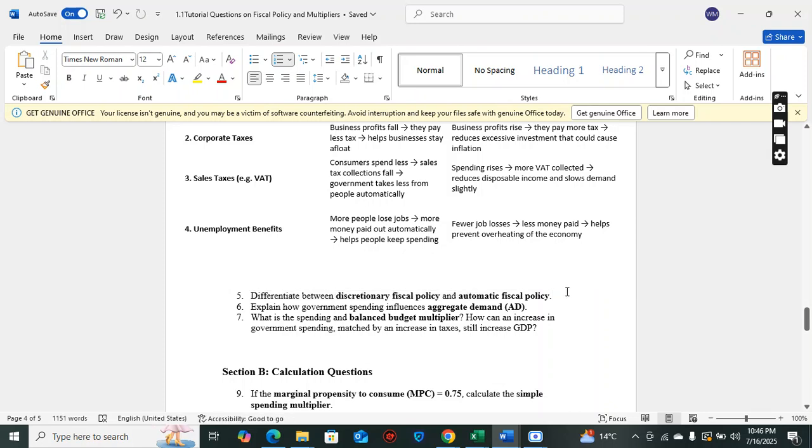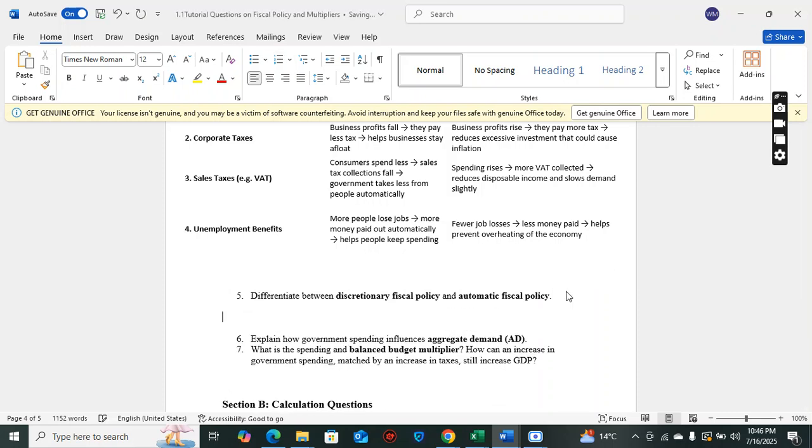Discretionary fiscal policy is where government has to make decisions on spending and taxes, where they need to implement new laws, new taxes, and change certain spending habits.